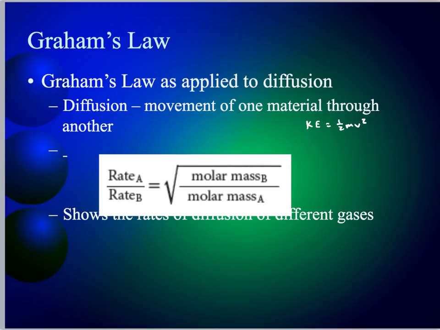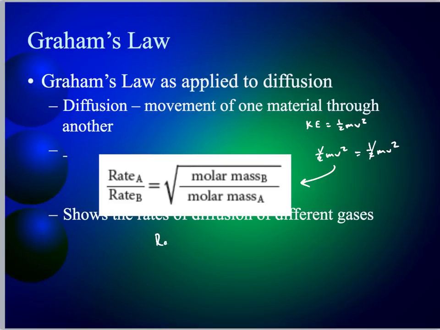So basically, he had 1/2 mv squared is equal to 1/2 mv squared of the second gas. The 1/2s would cancel out, and then you have the velocities and the masses, and they rearrange to look like this. Rate of gas A, which he's using as velocity, over rate of gas B is equal to the square root of the molar mass of B over the molar mass of A.